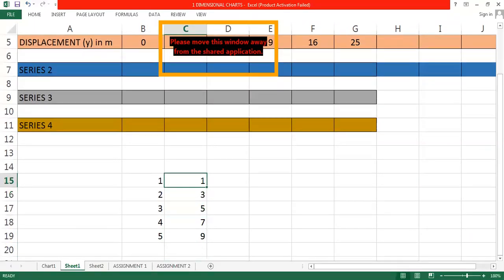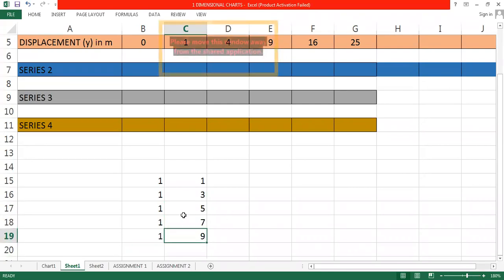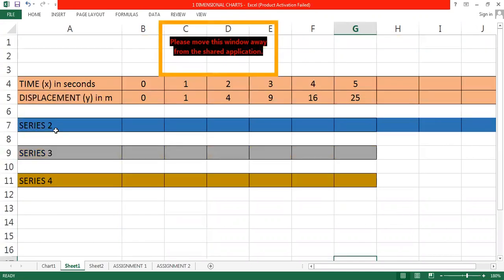So you will find the time interval is the same, each of 1 second, but in each interval of time, the object is covering unequal distances: 1 meter, 3 meters, 5 meters, 7 meters, and 9 meters. Means the object is covering unequal distances in equal interval of time. So this motion is variable velocity.